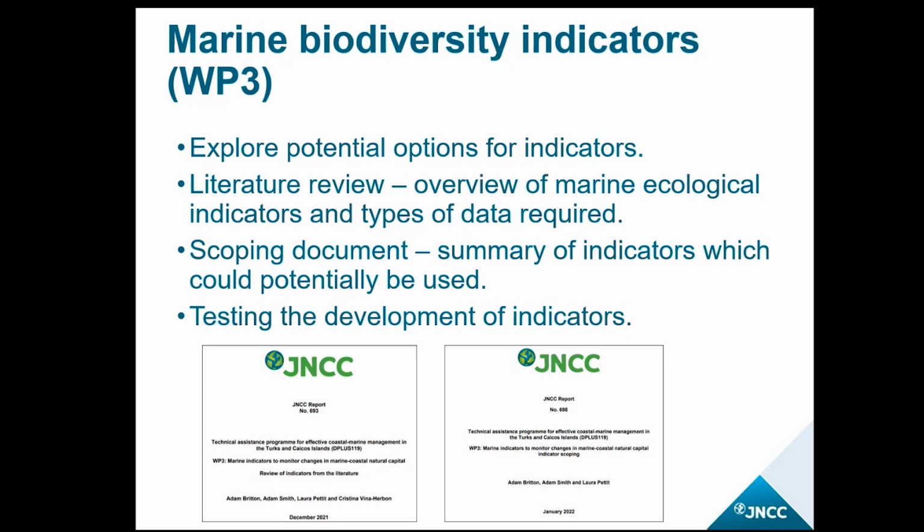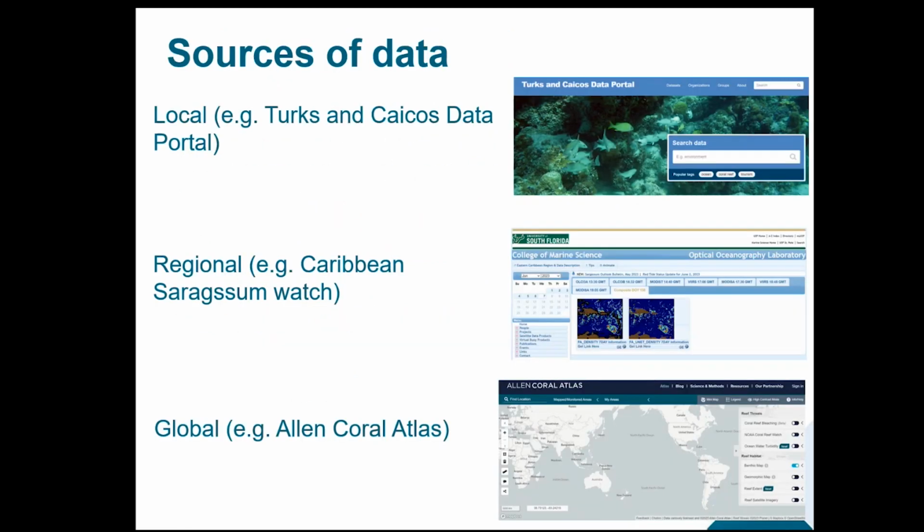And then we looked at the testing and development of an indicator for seagrass extent, which I'll come on to in a bit. So this slide here just looks at some of the sources of data that we did look at. We split that into local, regional and global. Here are just some examples of the different data sources that we looked at. All have varying strengths.